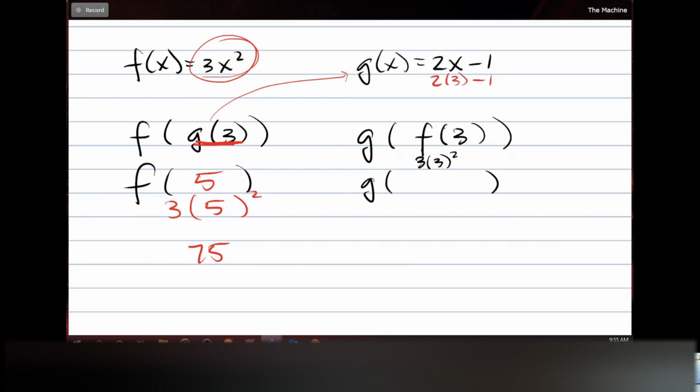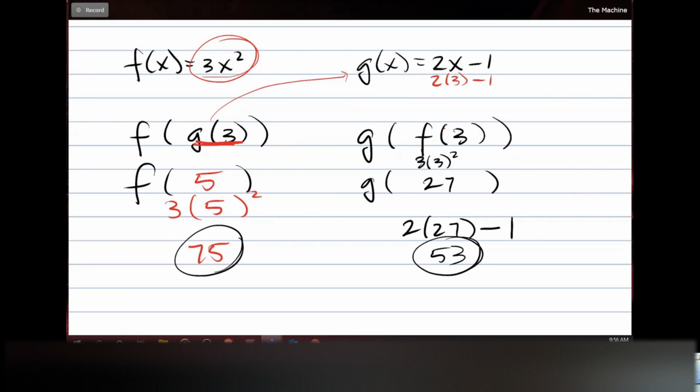It's 3 times 3 squared, which is 27. So G of 27. What's G of 27? 2 times 27 minus 1 would be 53.